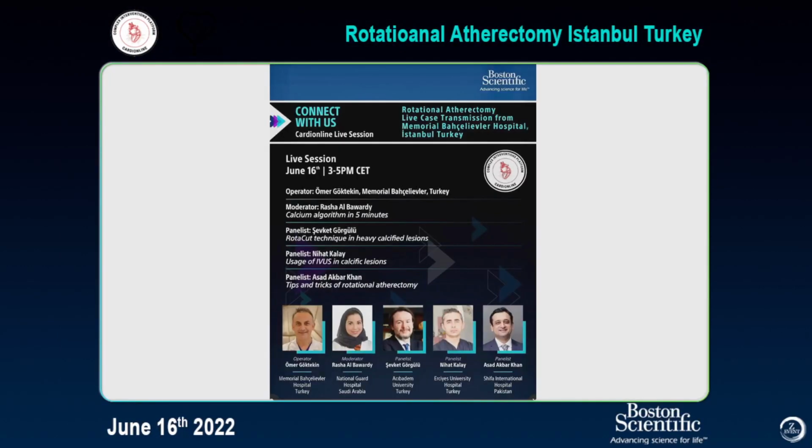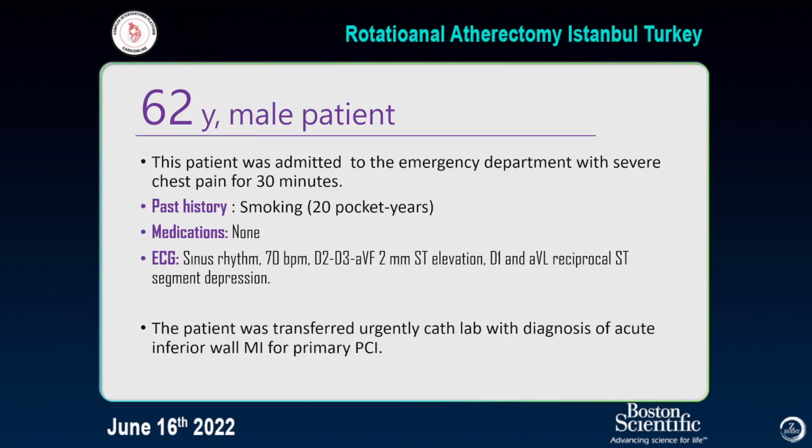Today we have this calcified lesion. We have a 62-year-old gentleman who presented to the emergency department, not in our hospital but in another city of Turkey. He has 20 pack-years of smoking. On ECG he was diagnosed with an inferior wall MI and shifted to the cath lab with informed written consent.